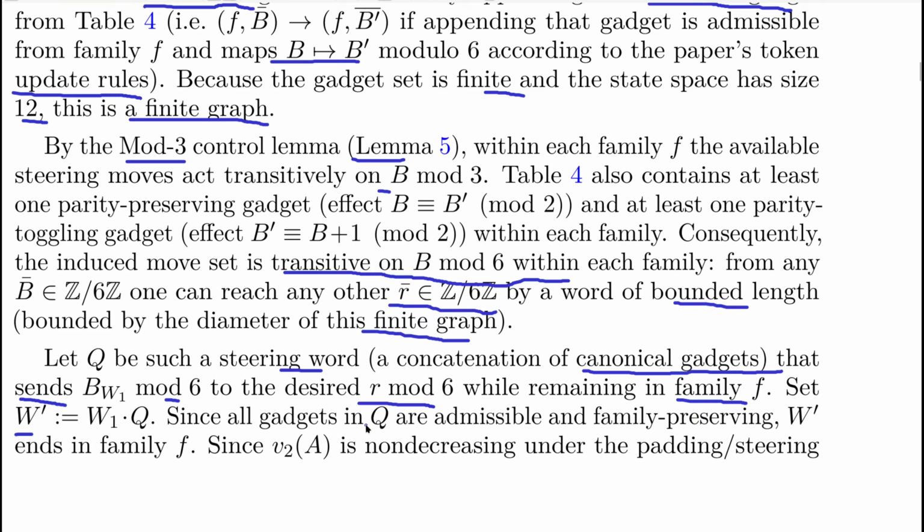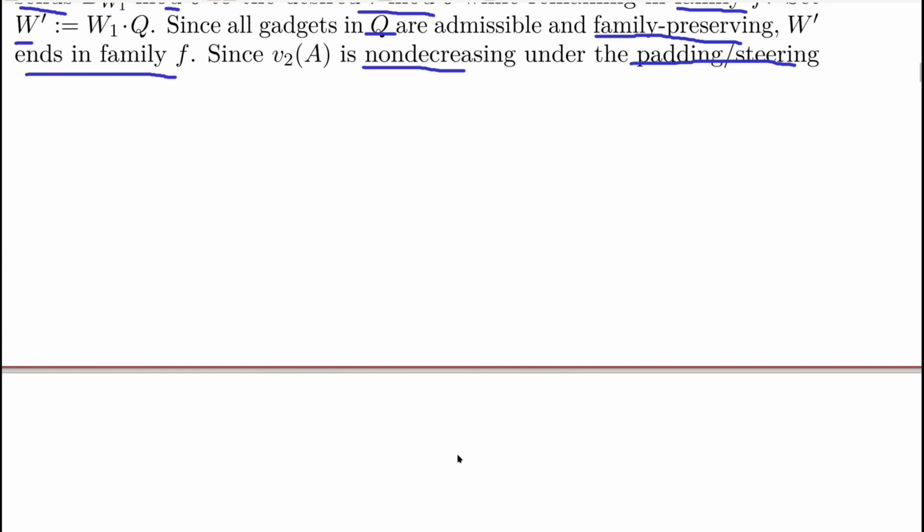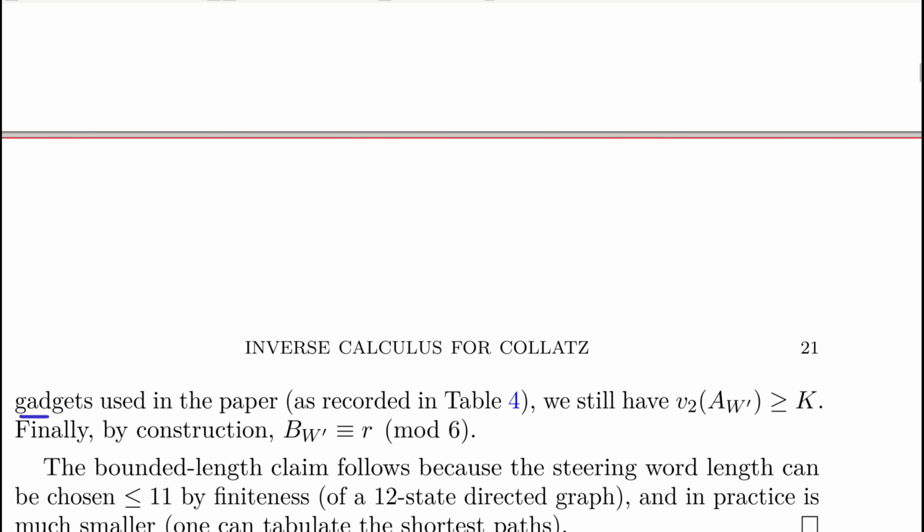Since all gadgets in Q are admissible and family preserving, W prime ends in family F. Since the two-adic valuation of A is non-decreasing under the padding and steering gadgets used in the paper, as recorded in Table 4, we still have the two-adic valuation of A(W prime) greater than or equal to K. Finally, by construction, B(W prime) is congruent to R mod 6.